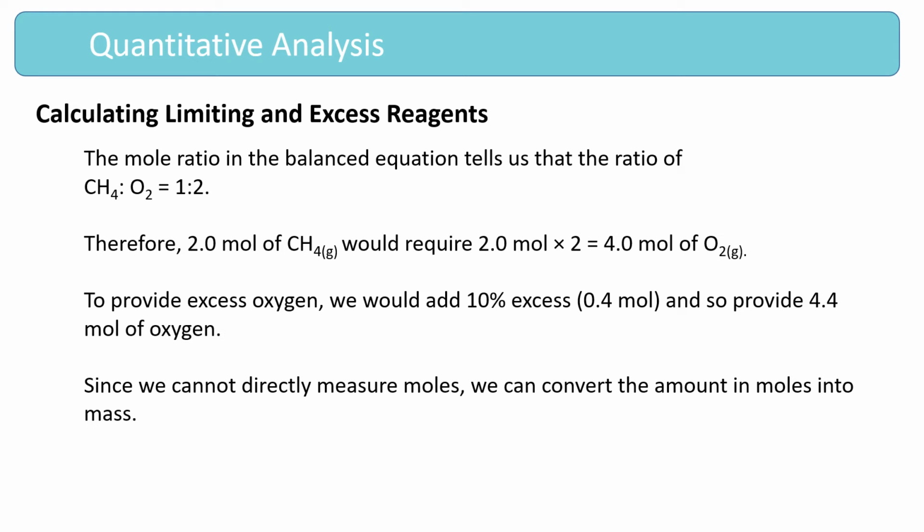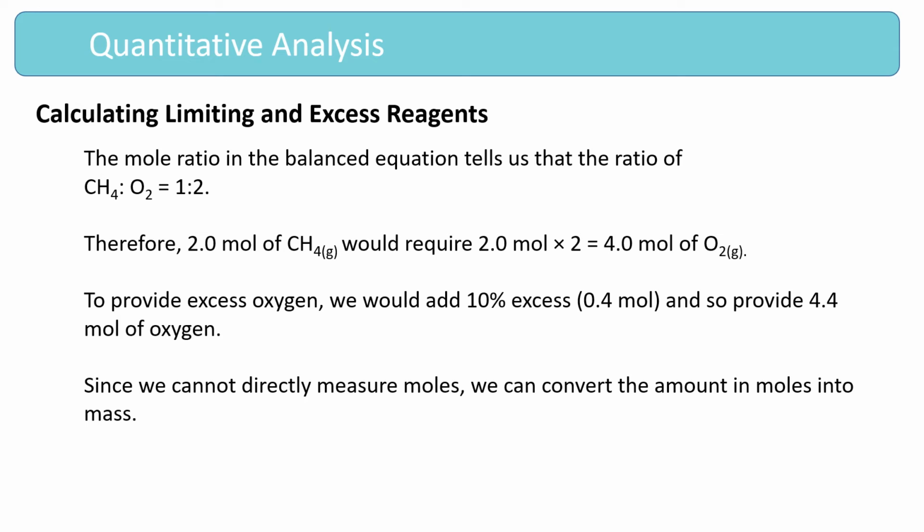The mole ratio in the balanced equation tells us that the ratio is 1 to 2. Therefore, 2.0 mole of CH4 would require 2.0 mole times 2 equals 4 mole of O2. To provide excess oxygen, we would add 10% excess, which is 0.4 mole, and so provide 4.4 mole of oxygen.